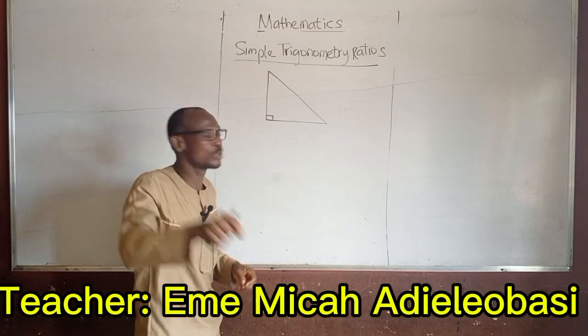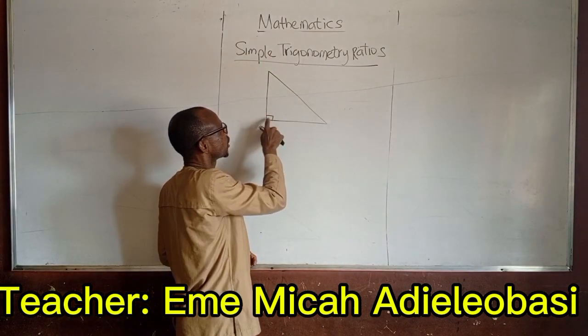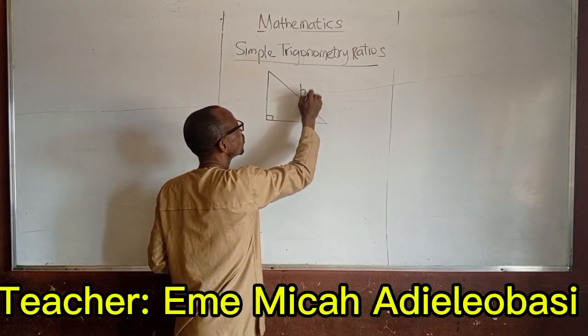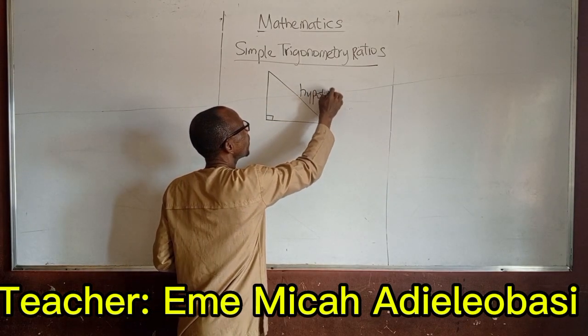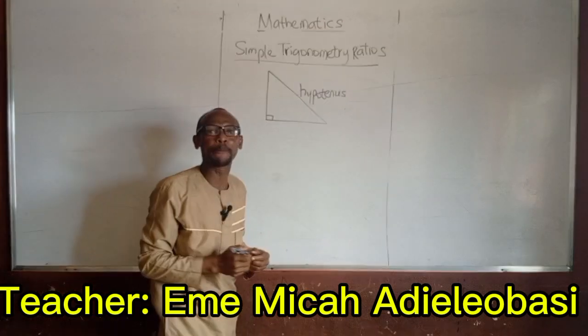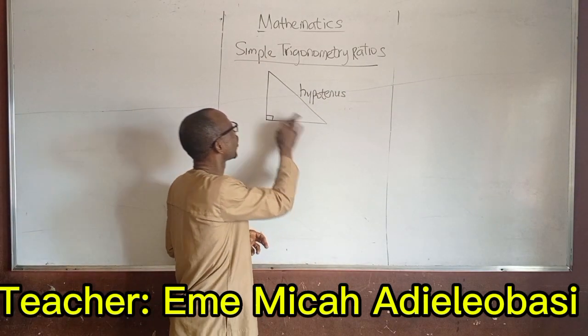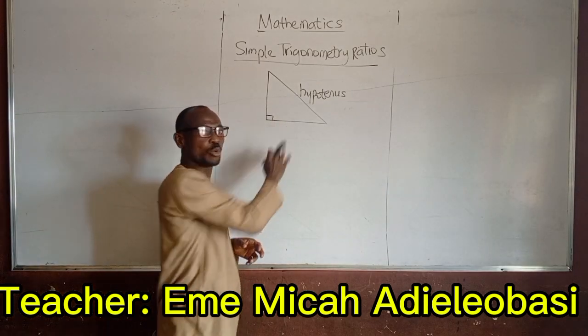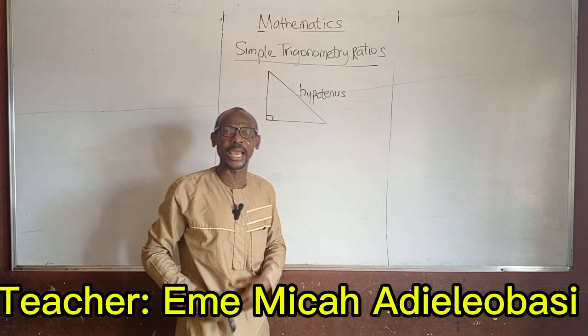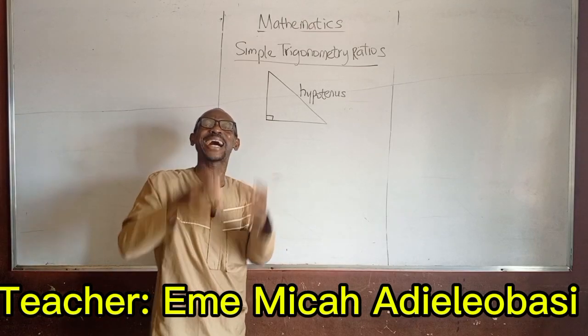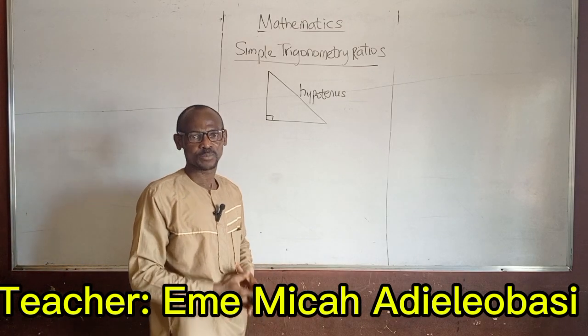Now the side when they face this 90 degree, we dey call am hypotenuse side. While the other 2 sides of this right angle triangle, we dey either call them opposite side or adjacent side.